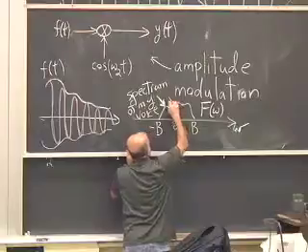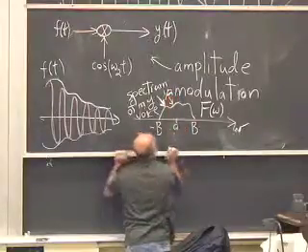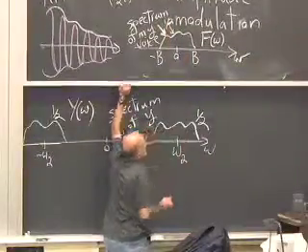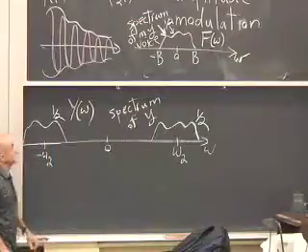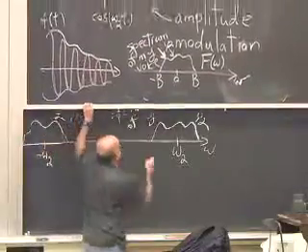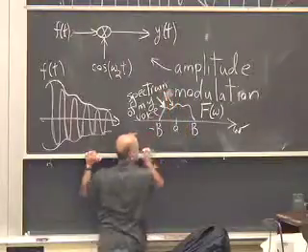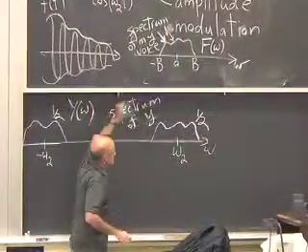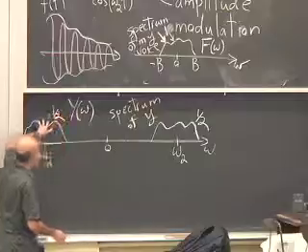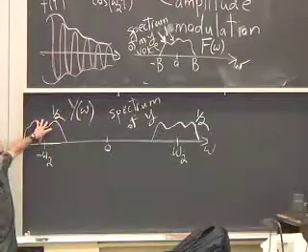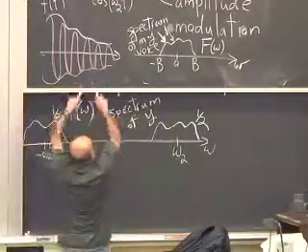See, I told you your education is a process of diminishing lies or successive refinement. Sorry, this is 1. If this peak is 1, when I multiply by a cosine, you get a half of that spectrum and a half. Now the receiver is going to multiply it by a cosine again.